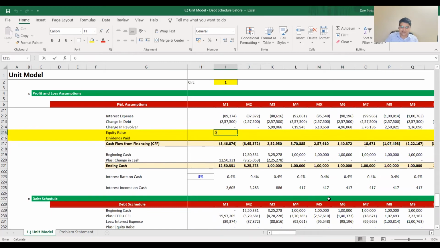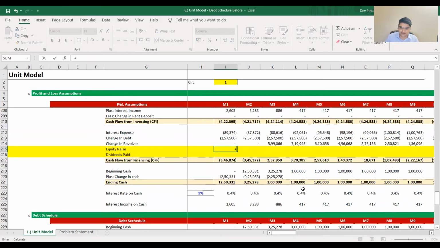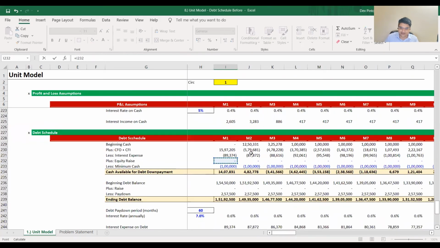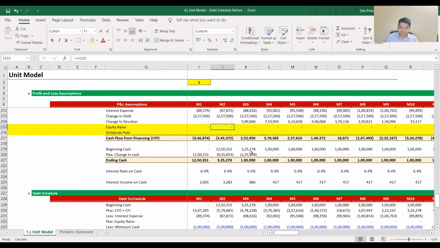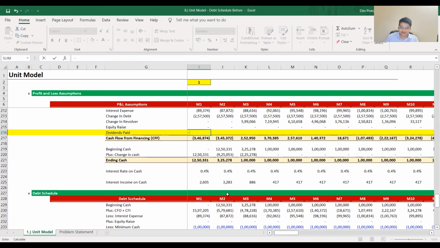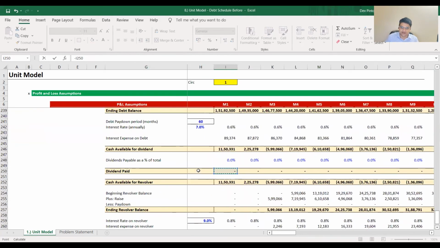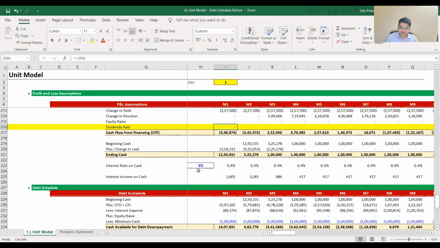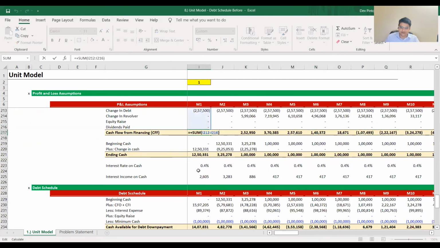Equity raise, let's just assume it to be 0 for the time being, but let's link it here. Dividends paid sign should be negative, right? 0 now, the value, but let's just keep it in minus.